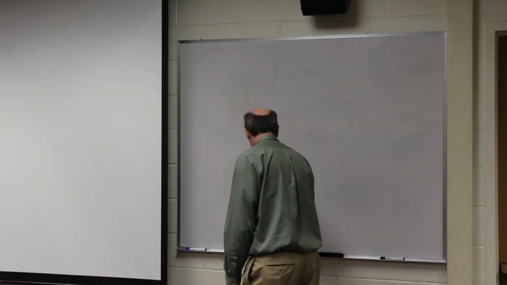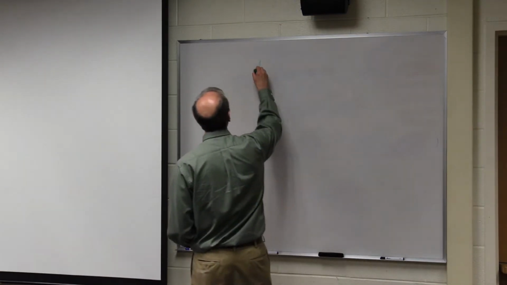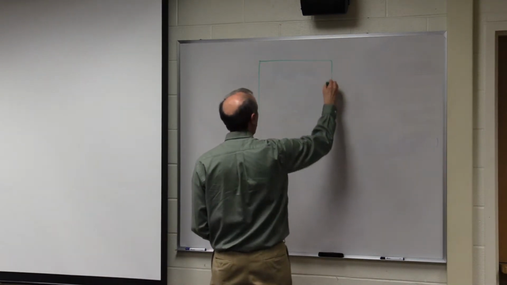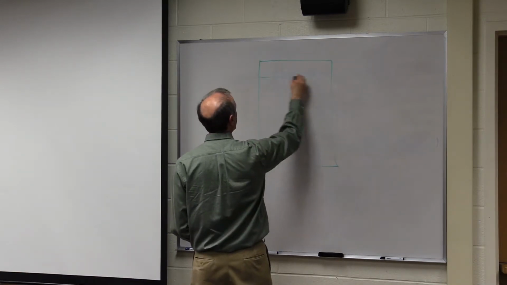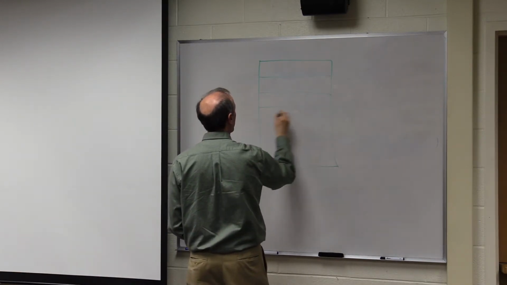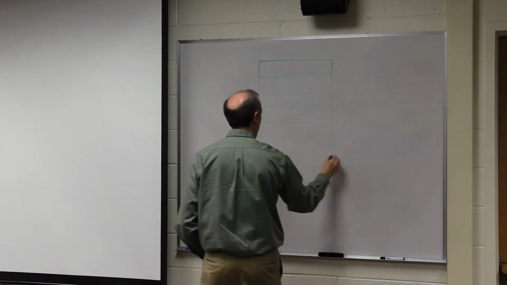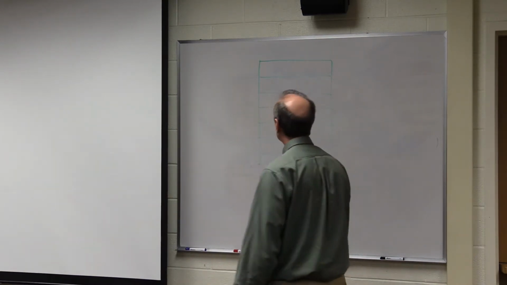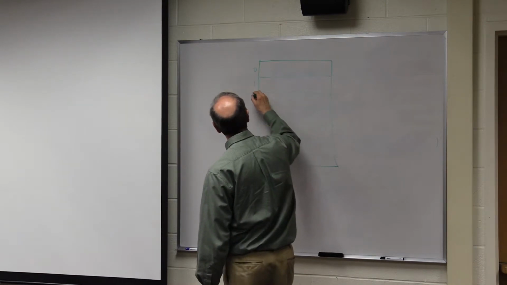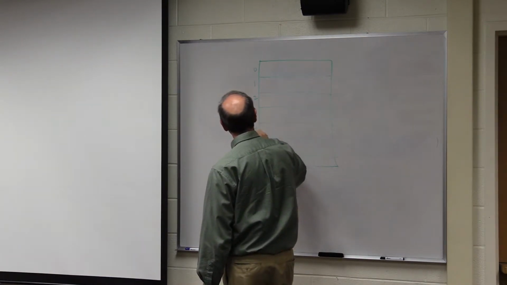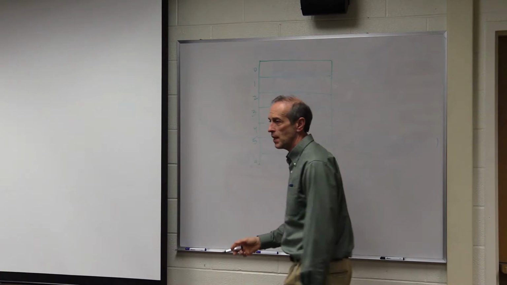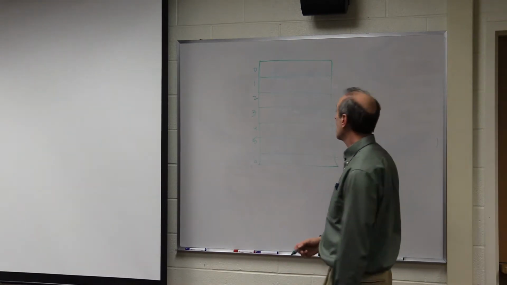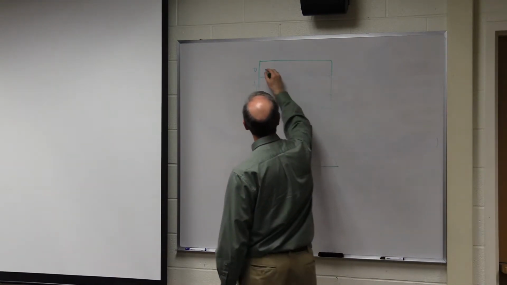So you think about your file now as a big array. Record 0, record 1, record 2, record 3, record 4, record 5, record 6, etc. Right? So these are records.